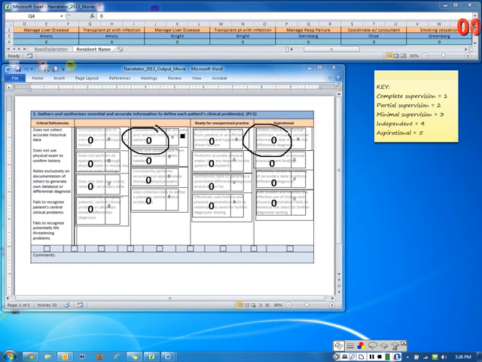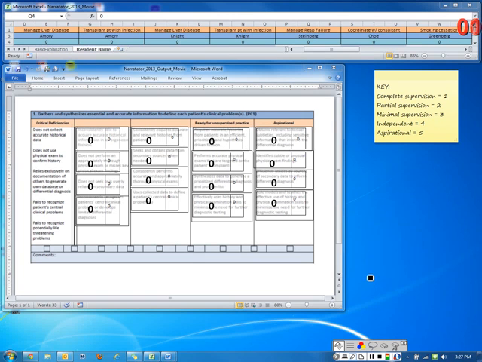The denominator is the number of times a milestone element had the opportunity to be marked confirmed or not. Basically, it's the number of opportunities a resident had to have a milestone element tallied as confirmed.